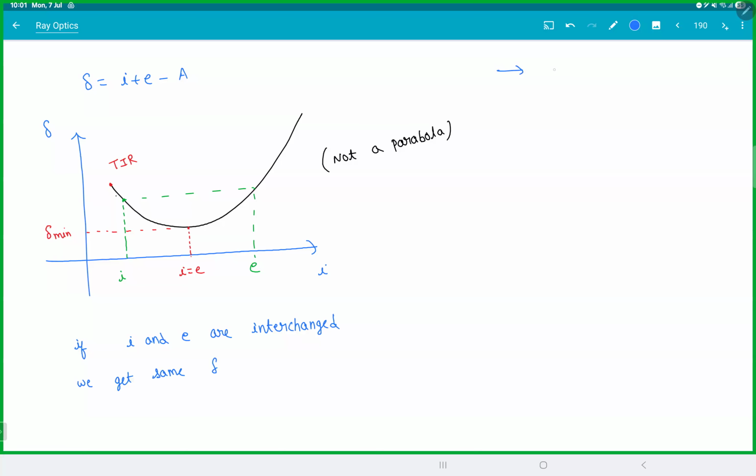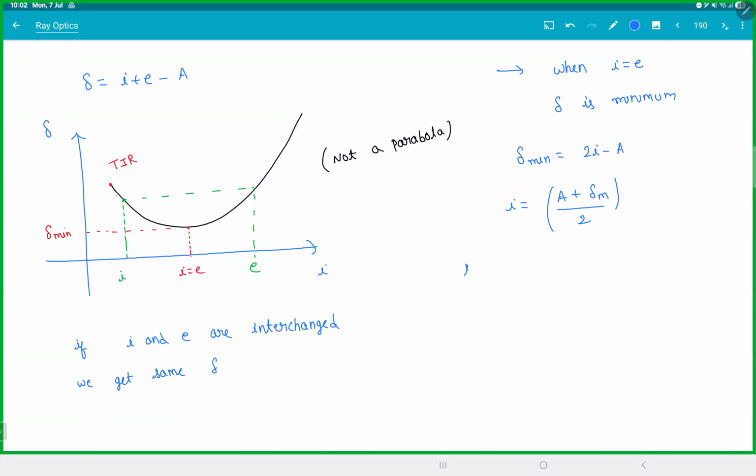One more thing you will notice: when I is equal to E, delta minimum occurs. That means delta minimum will be 2I minus A. So we get I is equal to (A plus delta minimum) by 2.